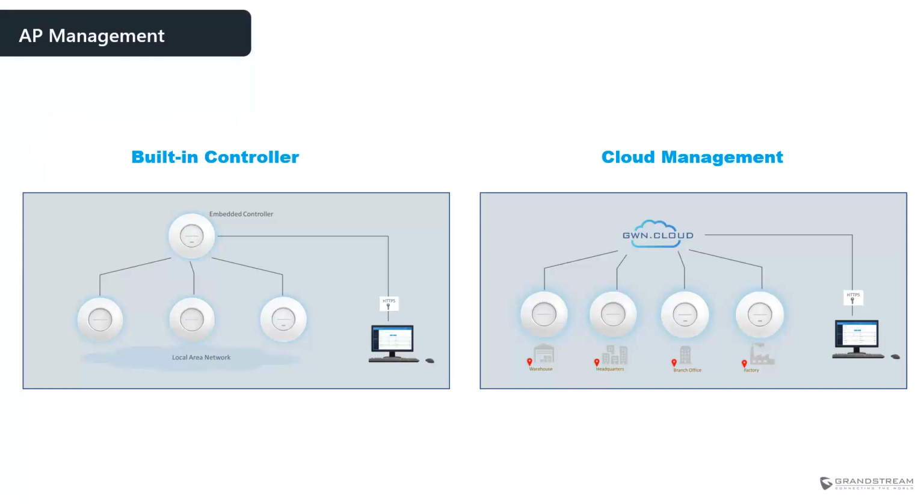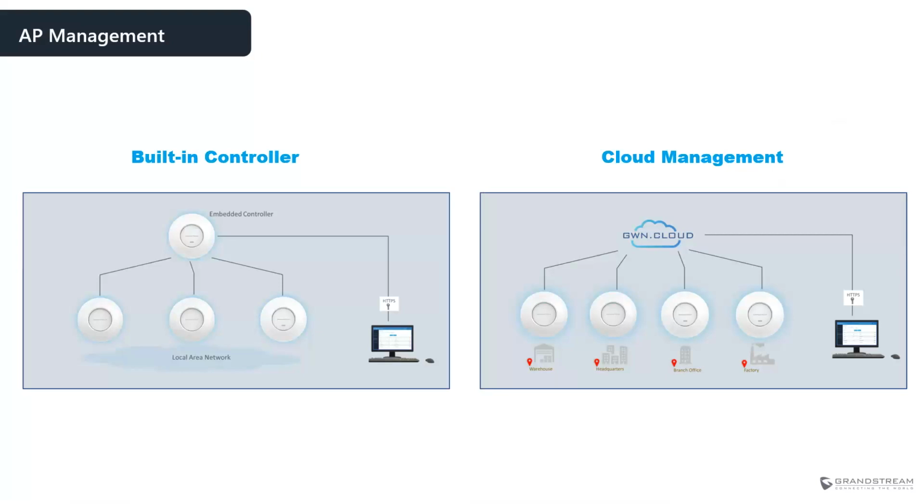In case you want to use the cloud management, Grandstream offers the GWN Cloud, which is a free service. You just sign up for free, and you can start adding your GWN access points and managing them from one single interface.